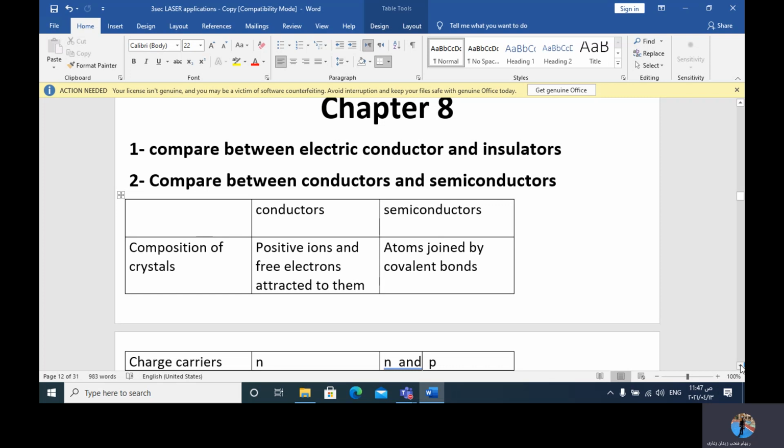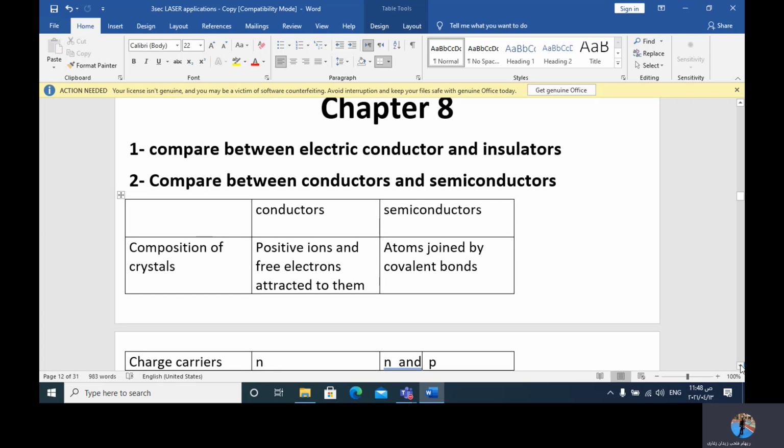We know that concerning electricity, we have some materials that conduct electric current, and other materials that don't conduct electric current. And we know that electric conductors allow electric current, or electric charges, to pass through. Insulators, on the other hand, don't allow electric currents or electric charges to pass through them.